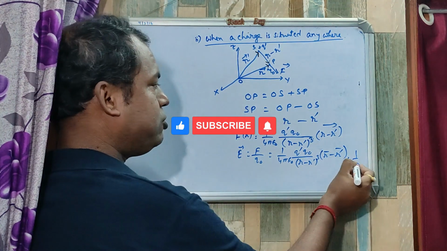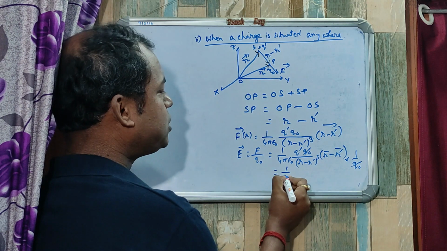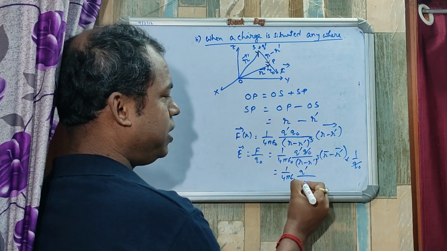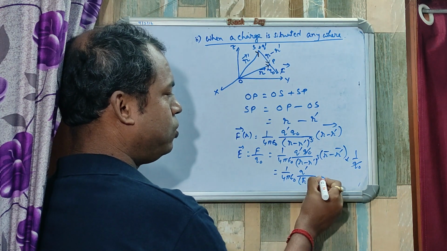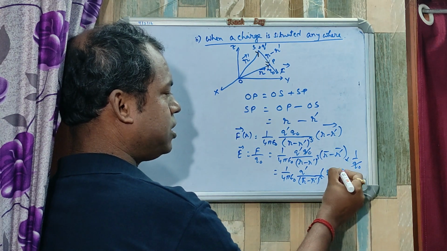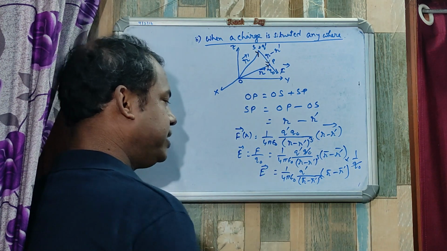Again Q0 cancels out. When Q0 cancels out, we obtain E equals 1 by 4 pi epsilon naught, Q dash by the cube of the magnitude of R minus R dash, into the vector R minus R dash. So this is the value of the electric intensity.